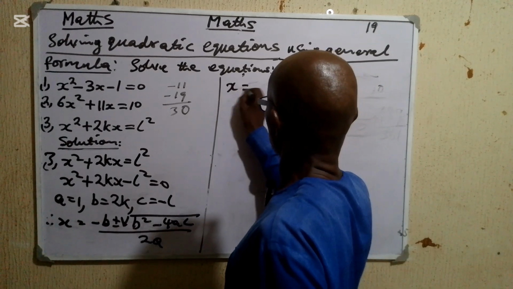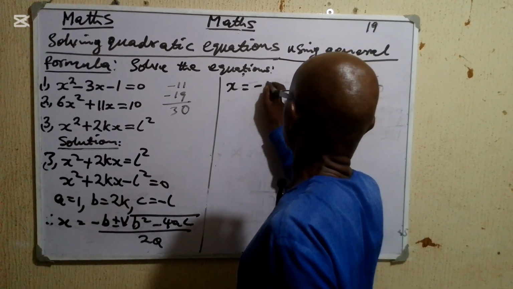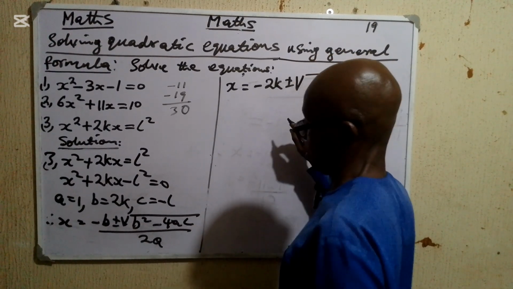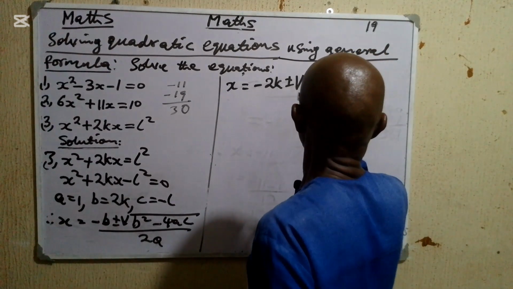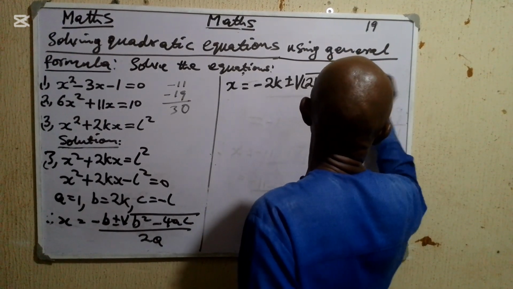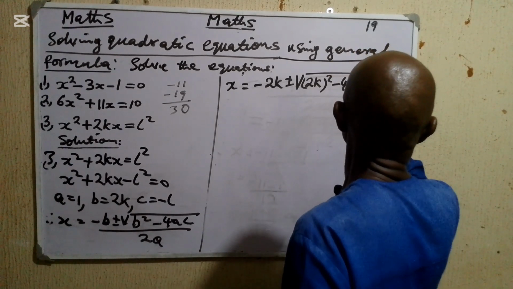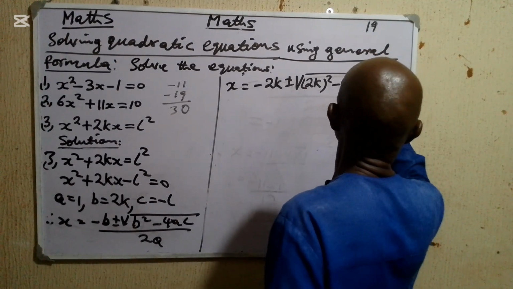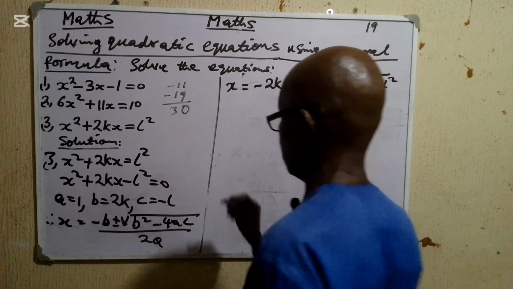So x is equal to, our b is 2k, minus 2k plus or minus square root of our b, that's 2k all squared, minus 4 times our a is 1 and our c is minus L squared.